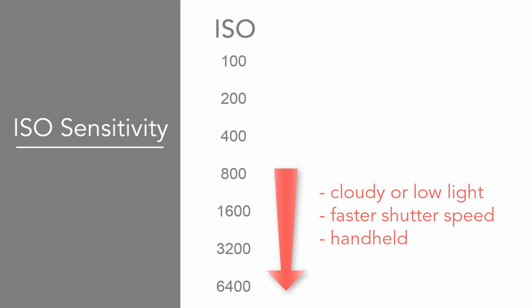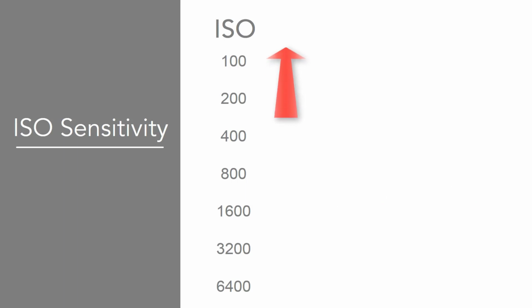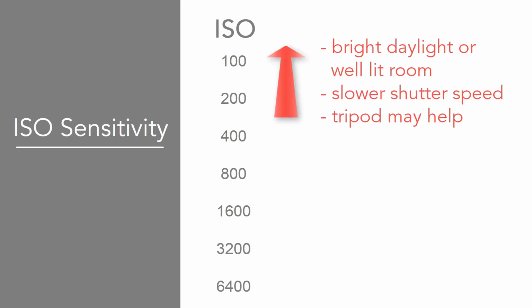On the other hand, a lower ISO of 100 or 200 is good for taking images outside in bright daylight or in a well-lit room indoors. However, when the sensor becomes less sensitive to light, the tripod may help, since a slow shutter speed will be used to get a well-exposed image.